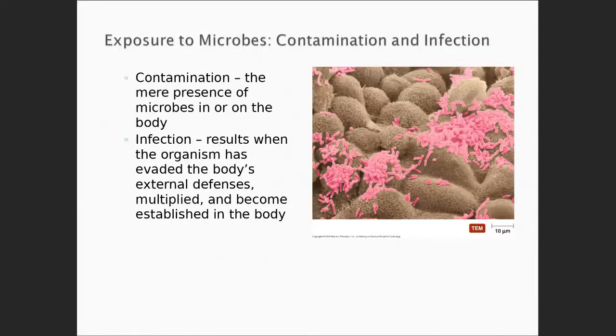Okay. There's a difference between contamination and infection, right? So contamination means that there's an organism or a virus that's on a surface, or in a liquid. Your bottled water can be contaminated with E. coli, right? But that doesn't mean that you have an infection.